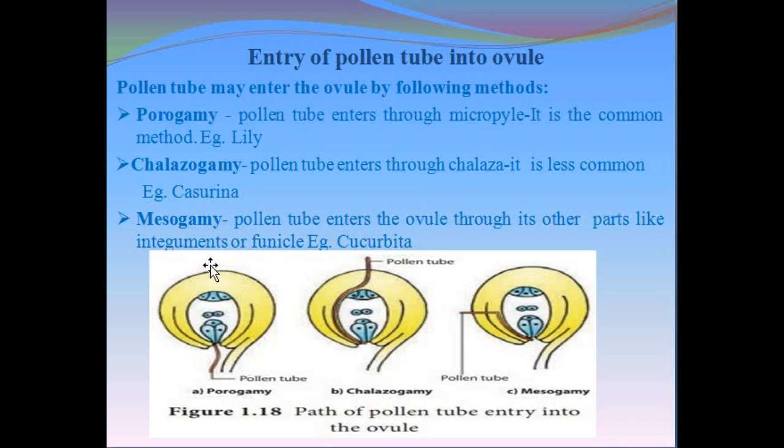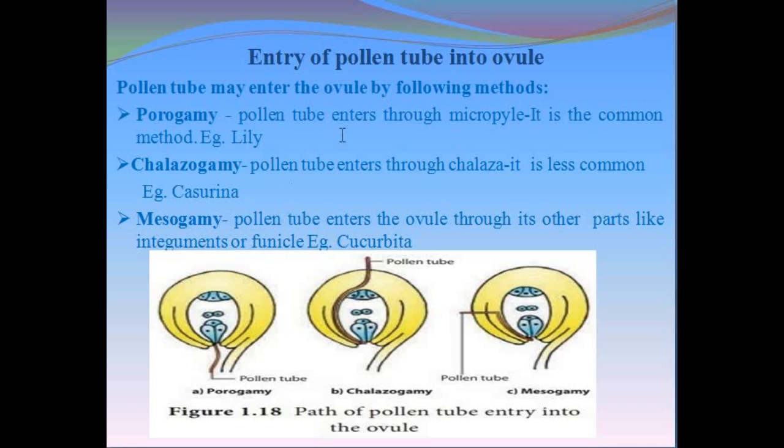Exactly opposite to the micropyle, there is a region called chalaza, and there is a nucellus followed by the embryo sac, which in turn encloses 8 nuclei.